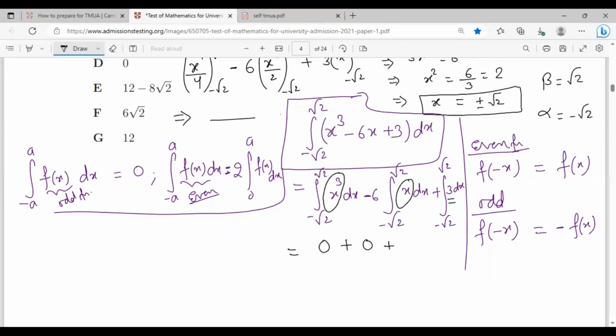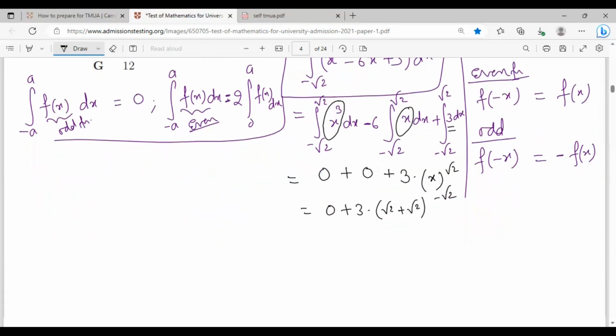Let us do it directly. So 3x with the limits minus root 2 to root 2. The first part is 0, plus 3, and this will be upper limit minus lower limit, so you get 3 into 2 root 2, which is 6 root 2. Otherwise, we can do it this way also.